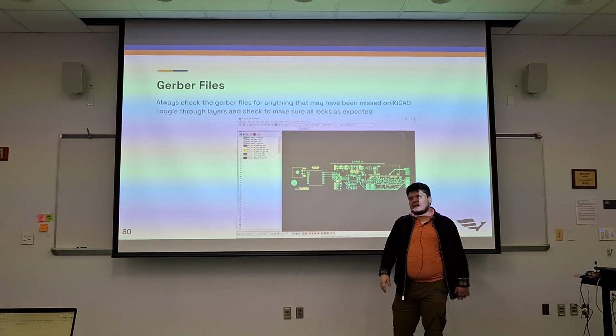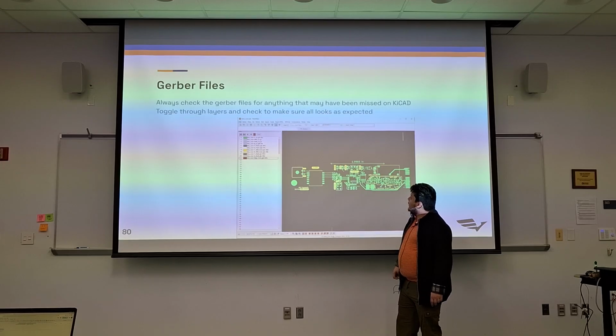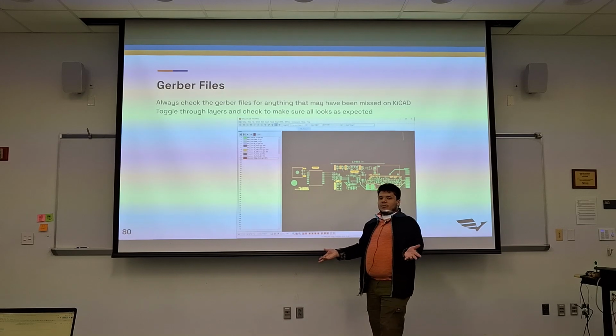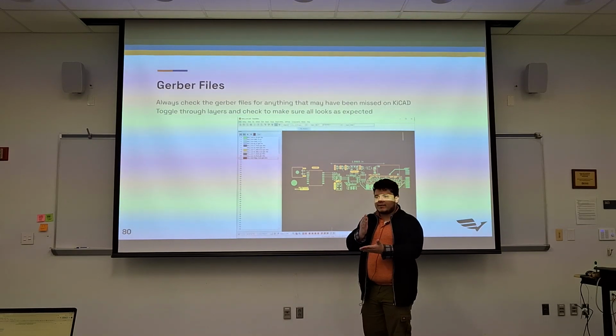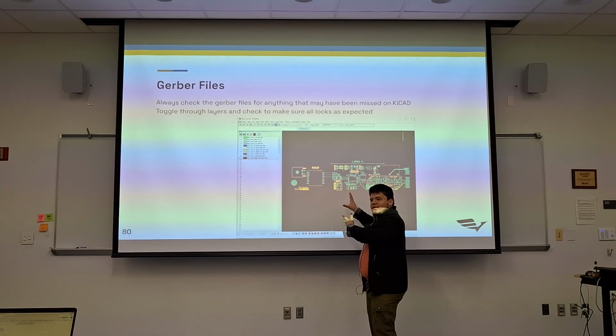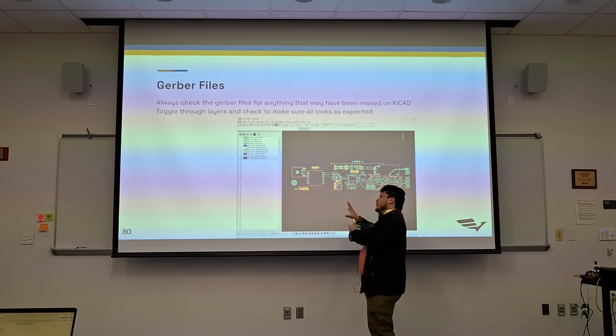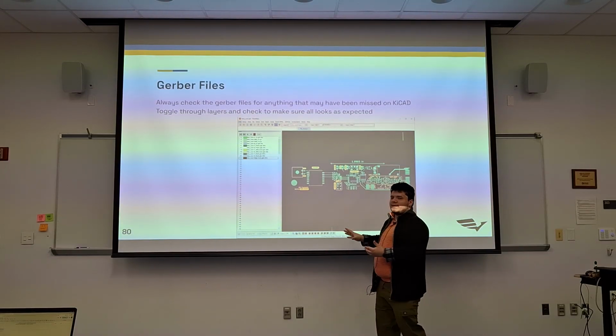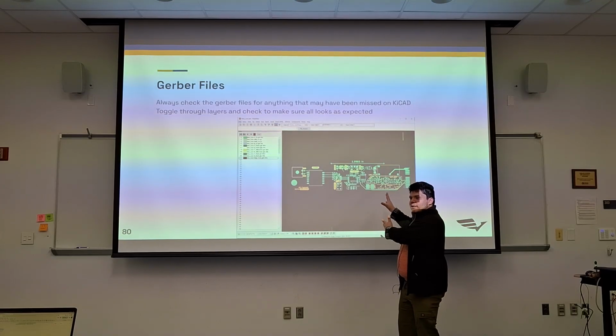If you want, I can probably pull one up. But always check the Gerber files, especially as leads, right? Y'all are the last check, and this is the stuff that manufacturers are going to build off of. It's your responsibility to make sure that the design is actually what you're intending it to be.